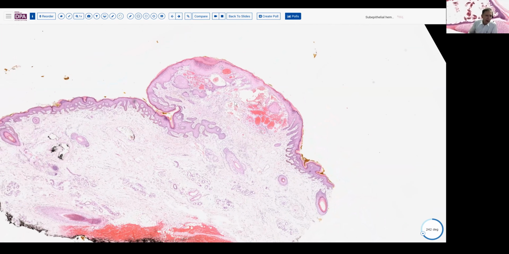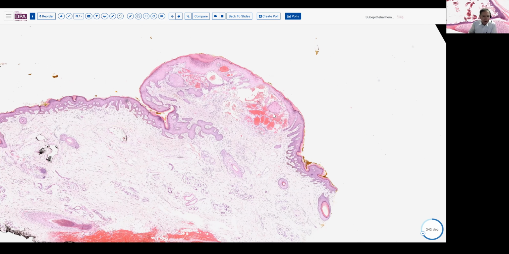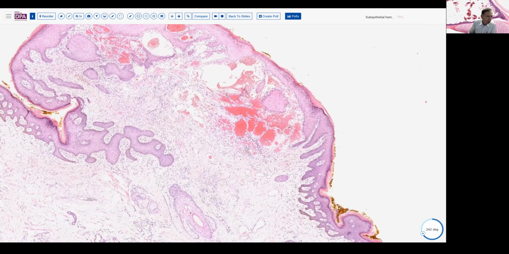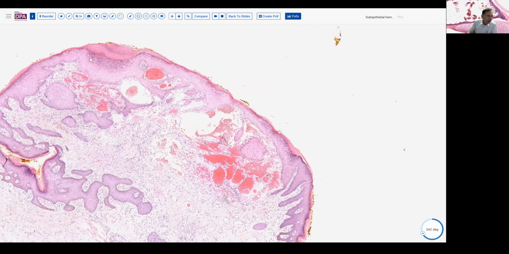But this is a rather unique form of hemangioma because, as we've indicated, it's immediately subepidermal, and it's entirely very thin-walled vessels without any large feeder vessels. So this has also been given the term angiokeratoma, because not infrequently these will be slightly papillary. They'll look a little bit keratinized in some areas, as you see here.